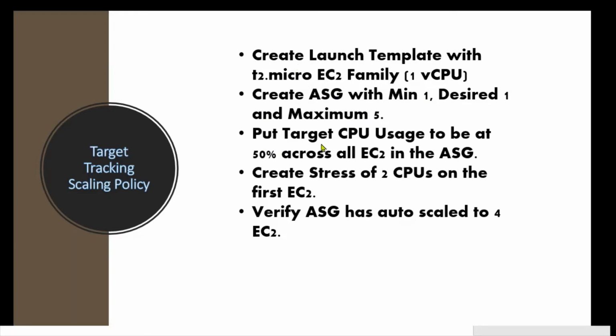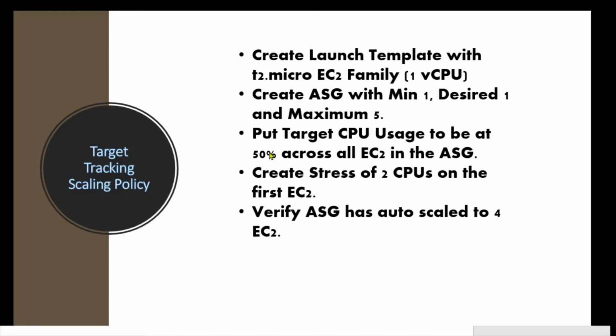Then we'll do target tracking scaling based upon the CPU usage to be at 50% across all EC2 instances in the auto scaling group. Once we have minimum one, desired one, the auto scaling group will create one EC2 instance at first.